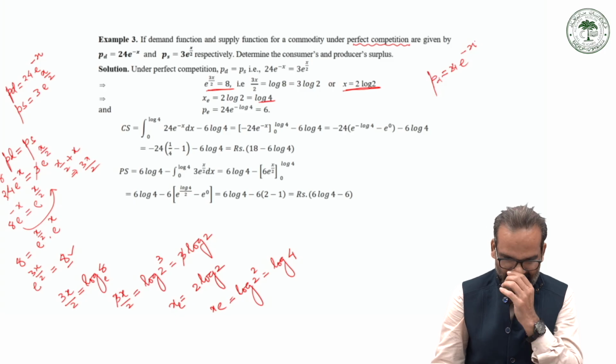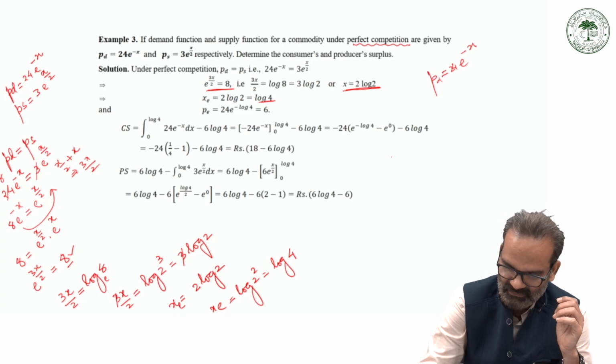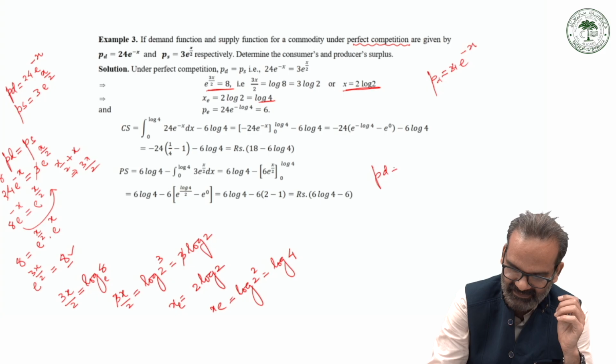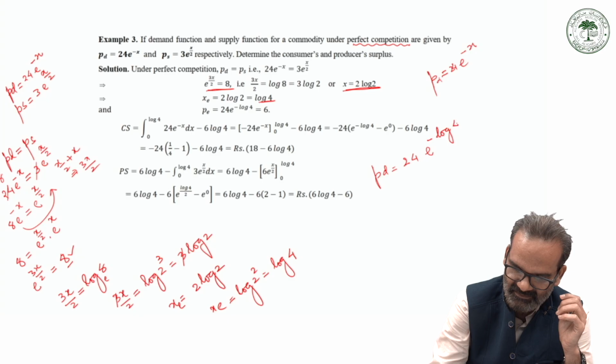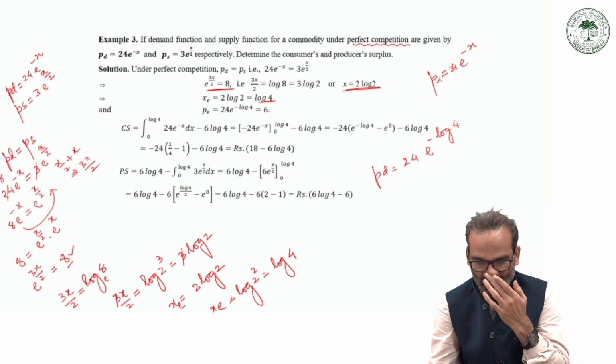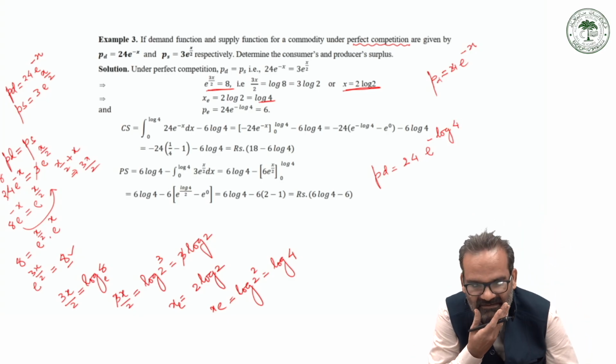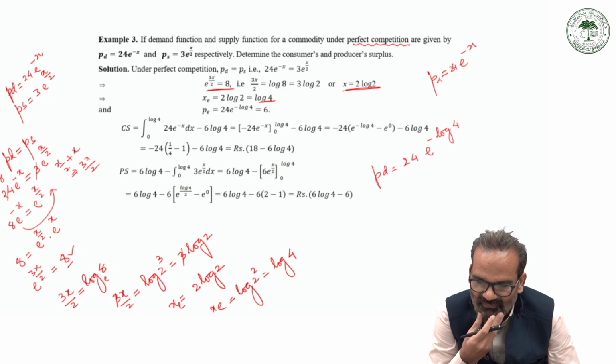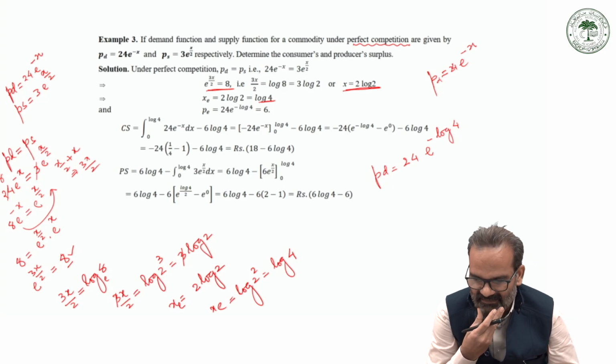What is x? x is coming out to be log 4. So pd is 24 e raised to the power minus log 4. How will we find out the value of 24 e raised to the power minus log 4?